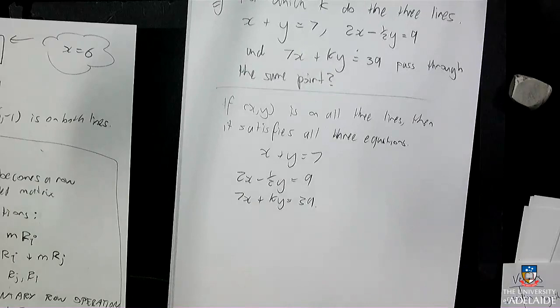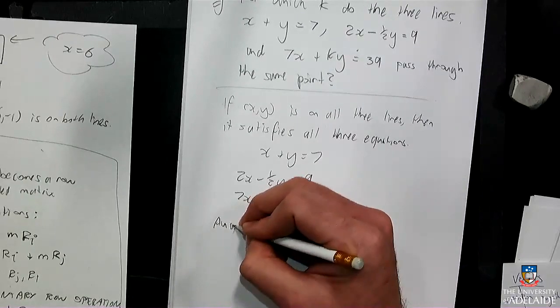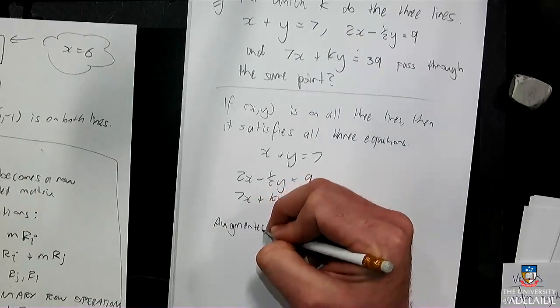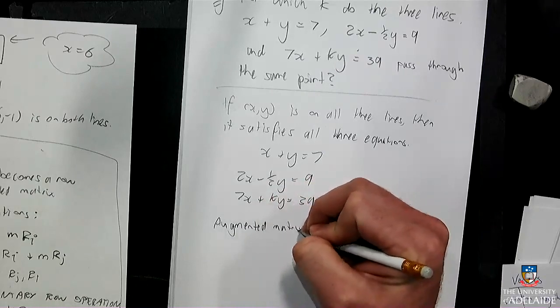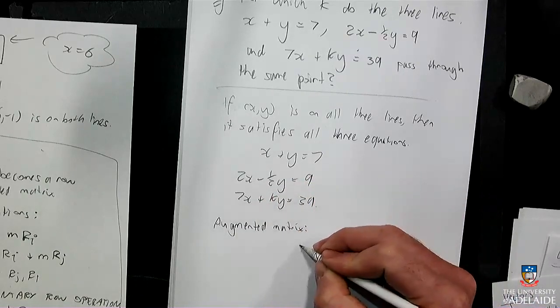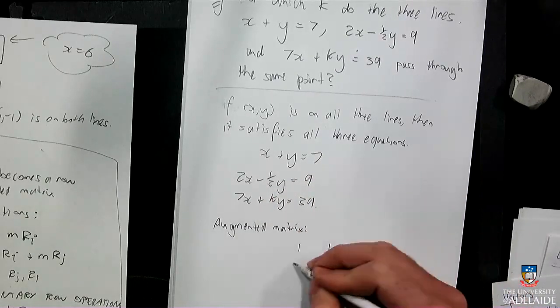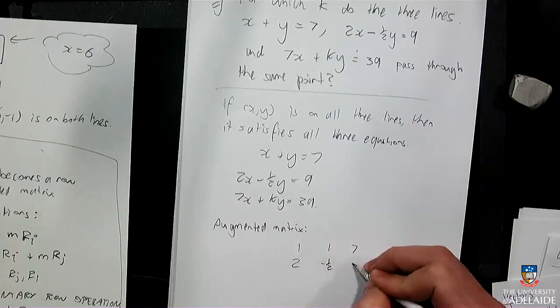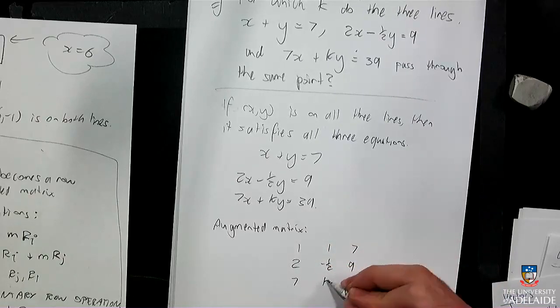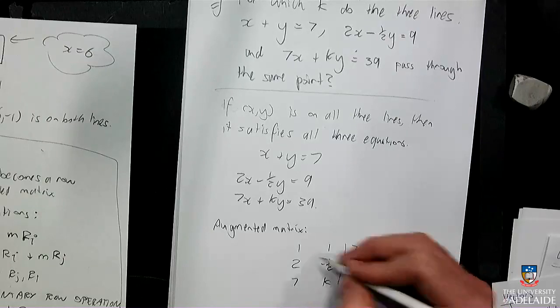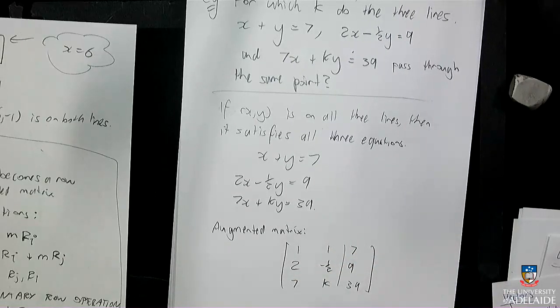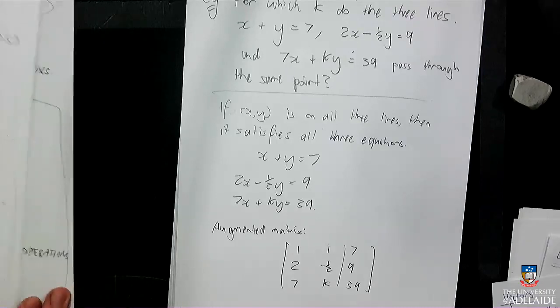So I can set up an augmented matrix. There's nothing stopping me doing this. 1, 1, 7, 2, minus a half, 9, 7, k, 39. And it's okay to have three rows. I'm just going to have to look to see what's going to happen when I do my row operations.